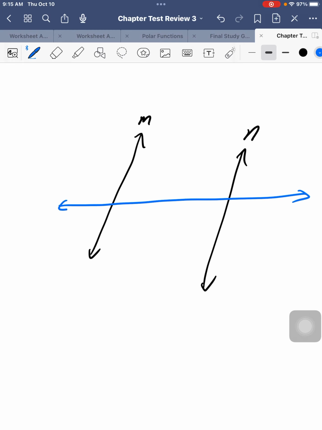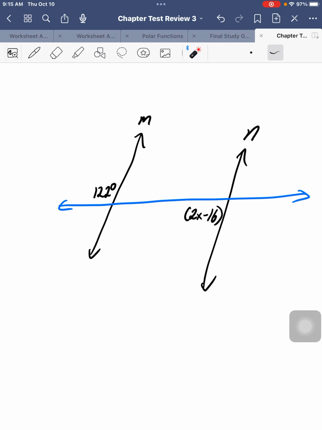So M and N, and for the sake of simplicity, let's make our transversal blue. So I know that I have this angle 122 and this angle is 2x minus 16.